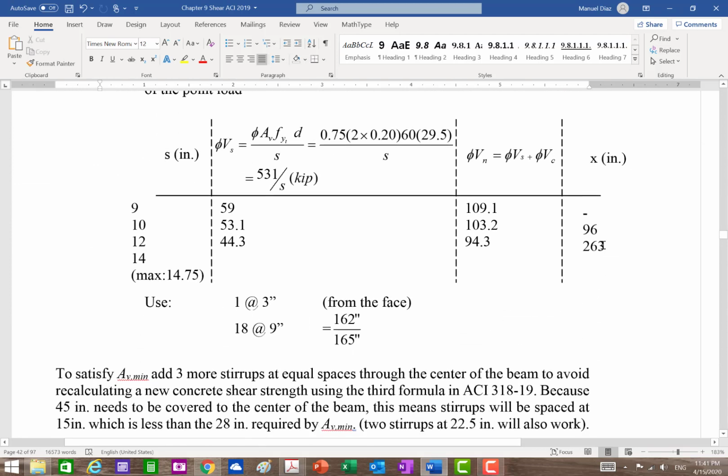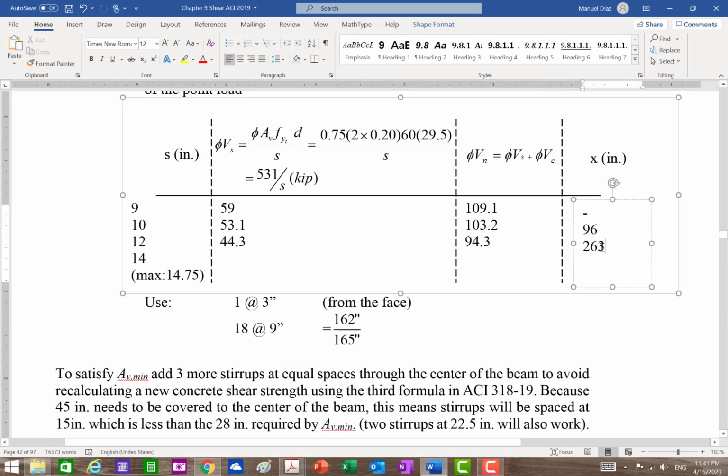And so this value then would be 14, right, 14 times 20. So that would be the value for that one. So we got then 168 inches. That's what happens. All right.